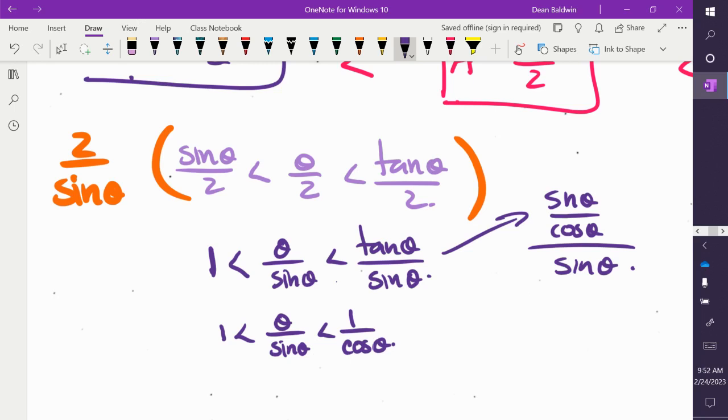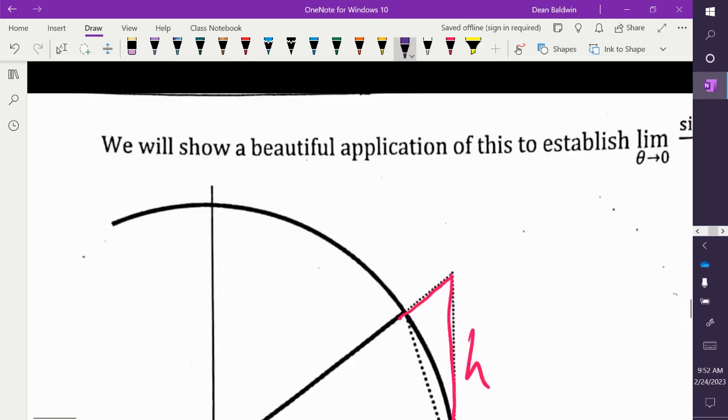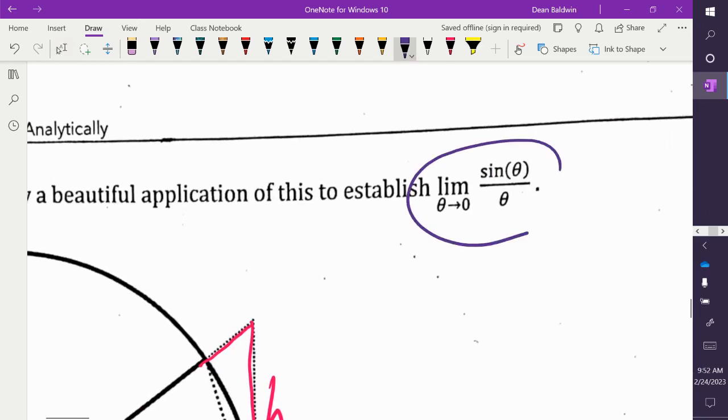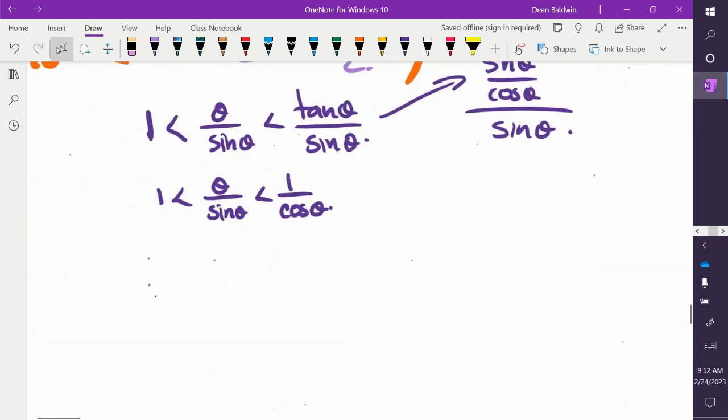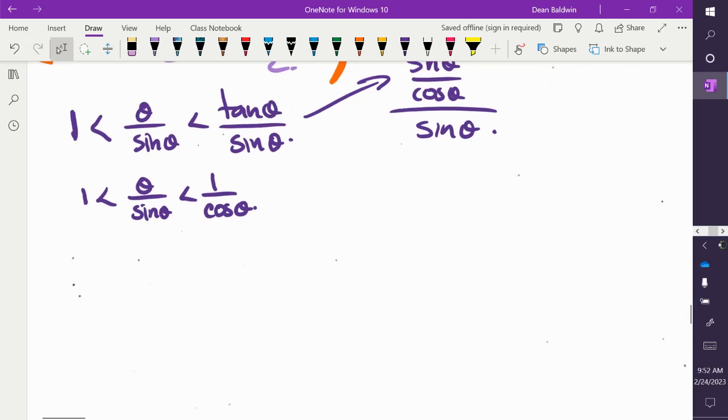Okay. I'm going to flip them all because I'm trying to prove sine theta over theta. So you can flip all the fractions, but when you flip fractions, all the inequalities switch as well. If you think about it in numbers, 1/2 is bigger than 1/3 is bigger than 1/4.